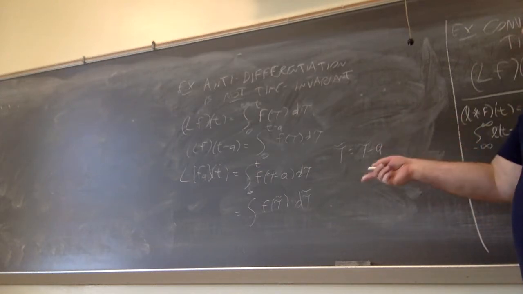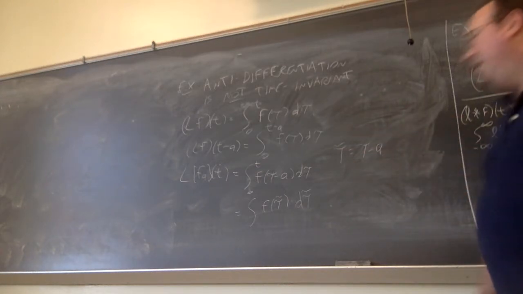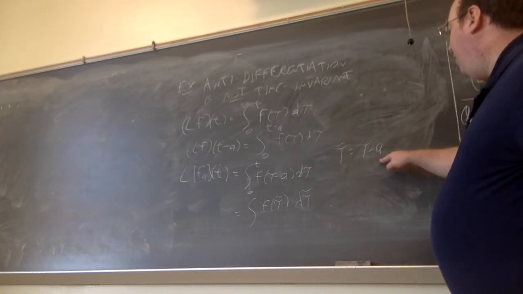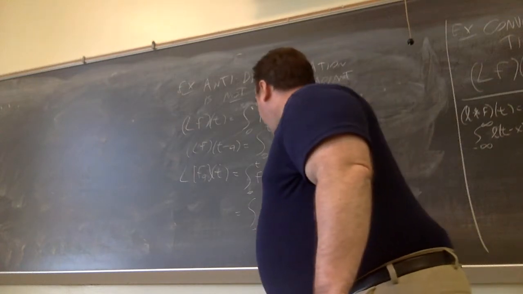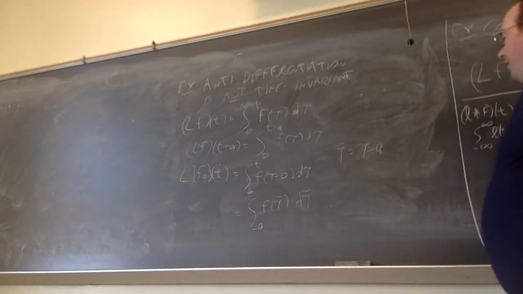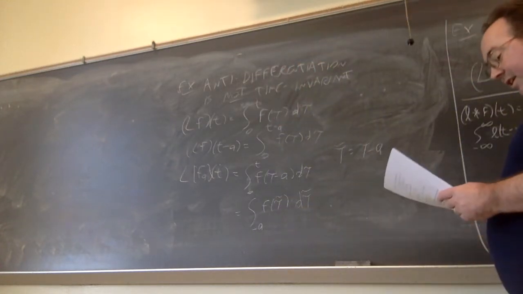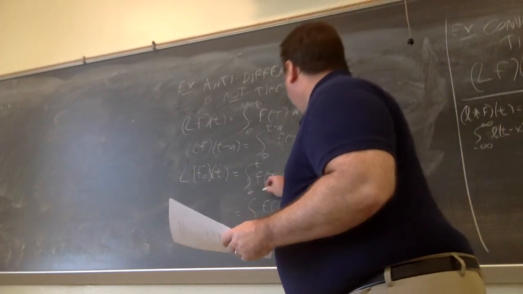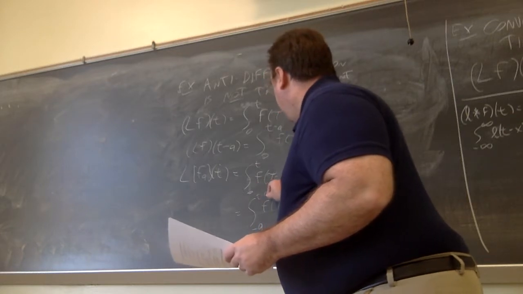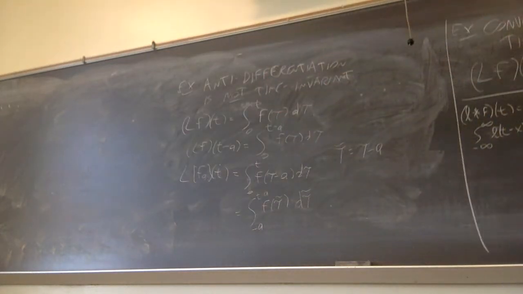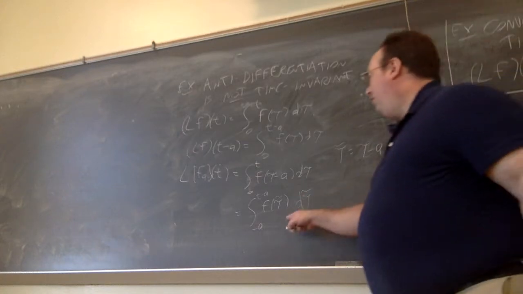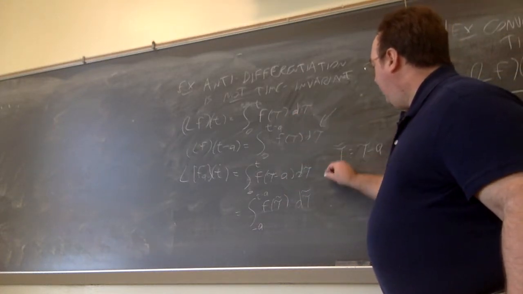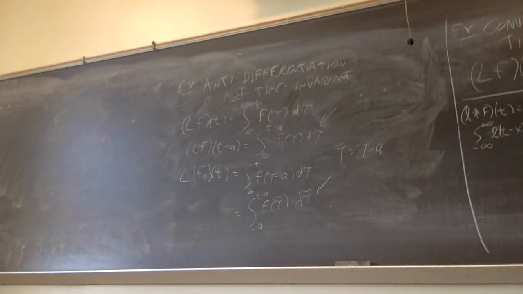But I've forgotten one thing. I need the limits of integration. So if I plug in 0 and t for tau, I'm going to get minus a down here, and then t minus a up above. So here and here, this is what we have to compare to check for time invariance.